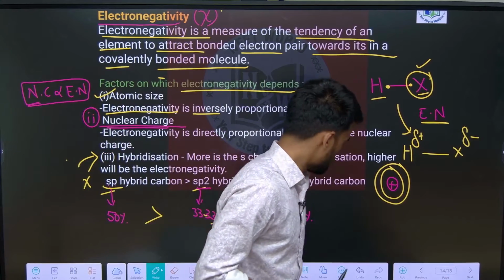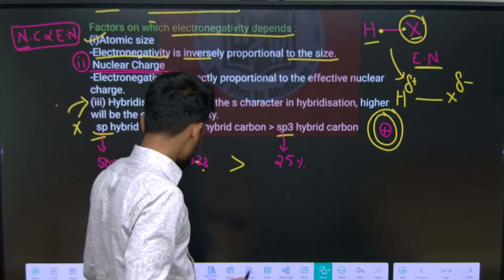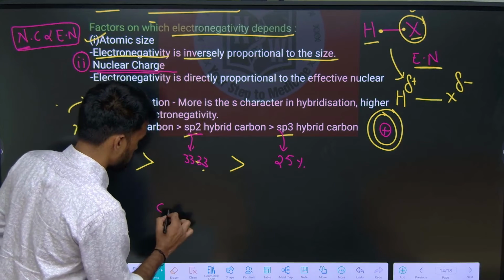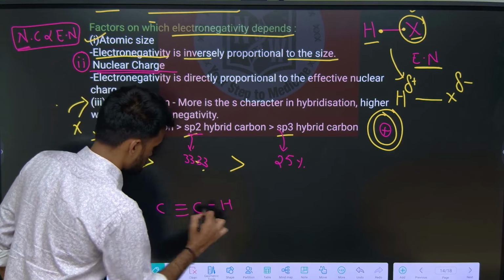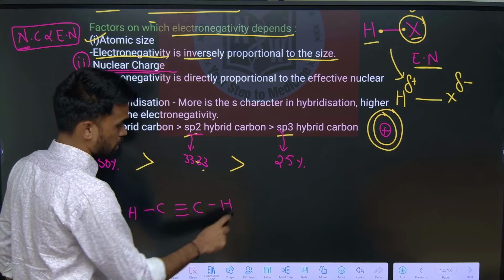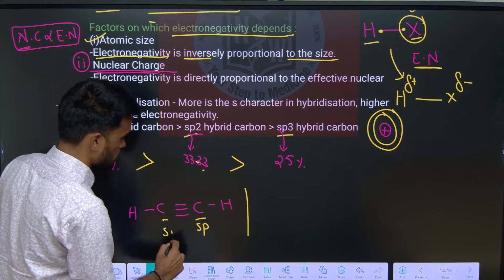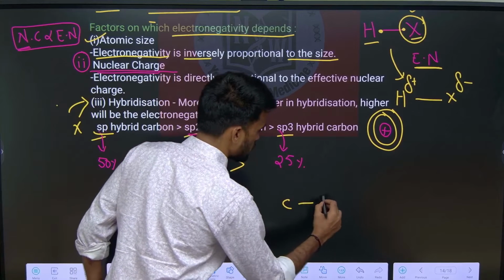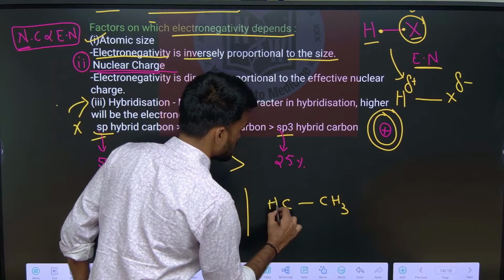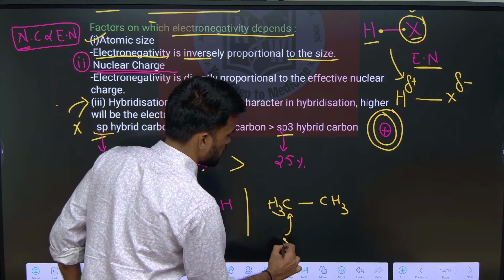Okay, now I will give you one application also here. Like this I am writing, this is alkyne which is having two sp hybridized carbons. Okay, and here I am writing CH3 CH3. This is ethane which is having sp3 hybridized carbon.